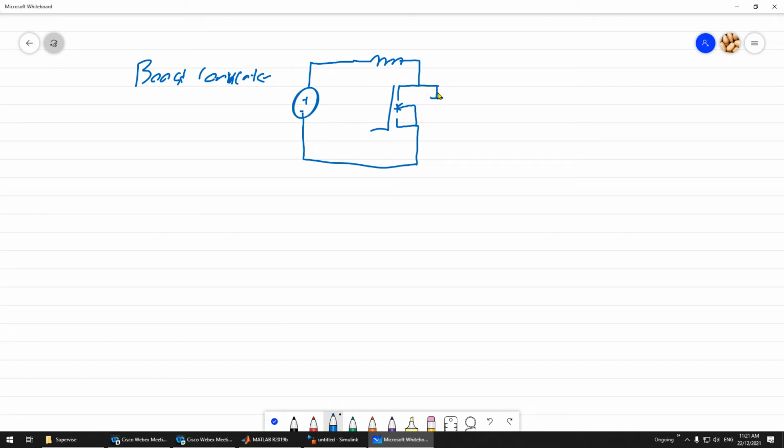Okay, or maybe to avoid confusion, maybe just leave it there. Okay, and then you have a diode here. Okay, and you have a capacitor. Okay, and you have the load.